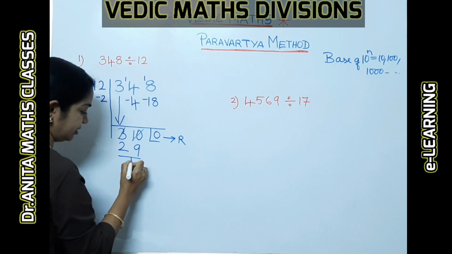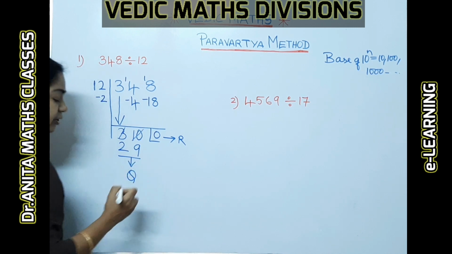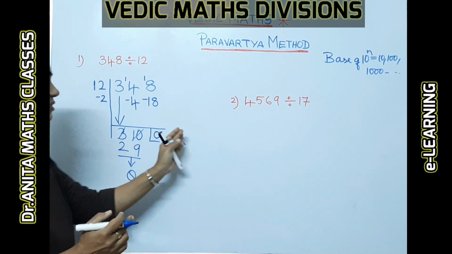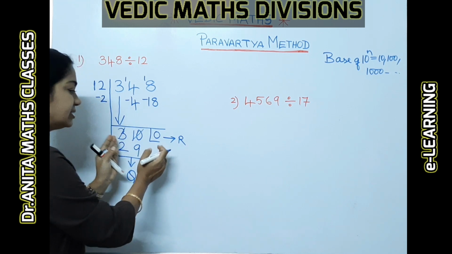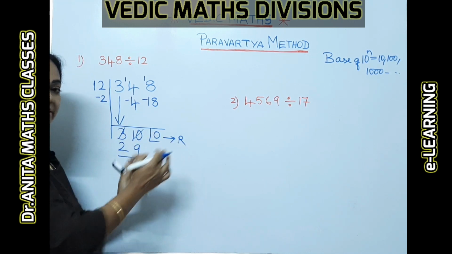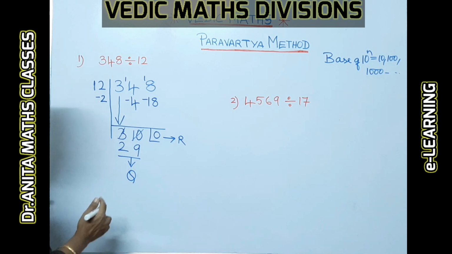And this is our quotient. Now, to decide how many digits are quotient and how many digits are remainder, there is a formula.